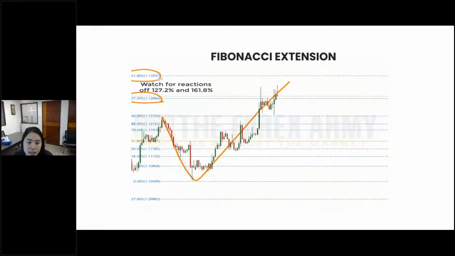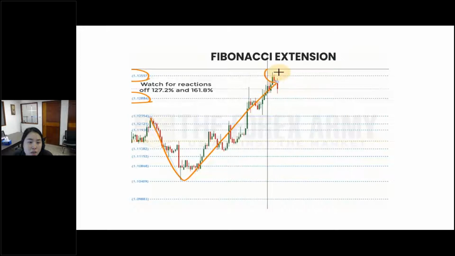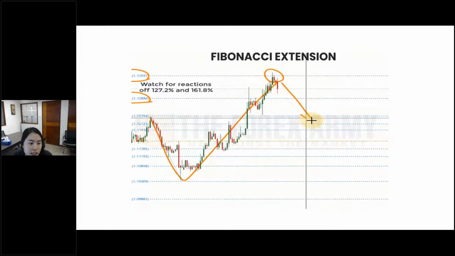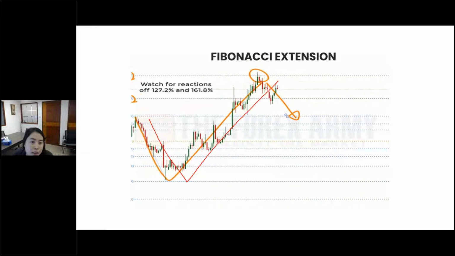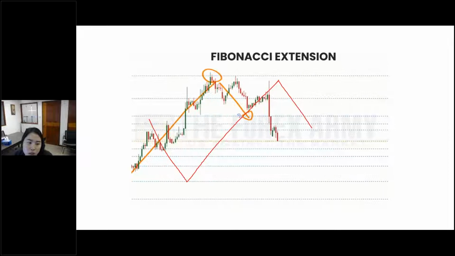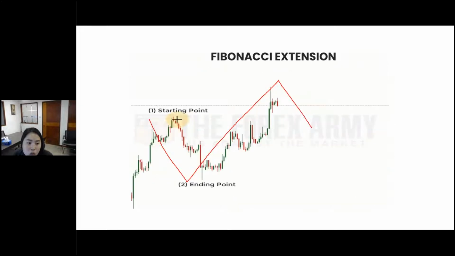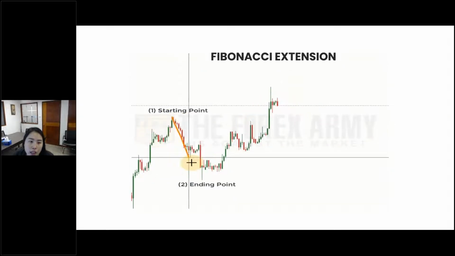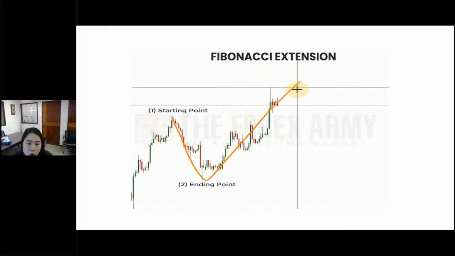So basically, I can't test you guys for Fibonacci extension. Fibonacci extension kind of looks like a Nike tick. It wants to do a Nike tick, and subsequently, after it does a Nike tick, that's when it does the reversal. That's the whole purpose of the Fibonacci, to predict where the price is going to reverse off.